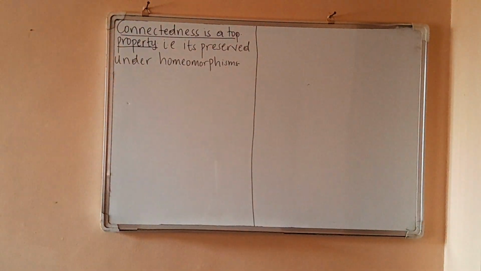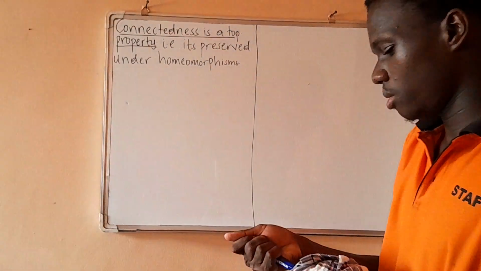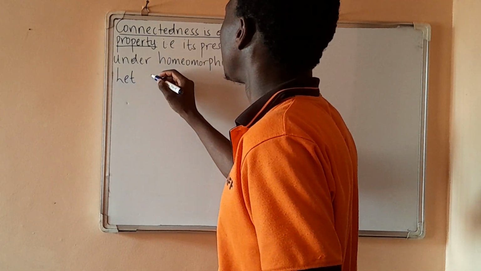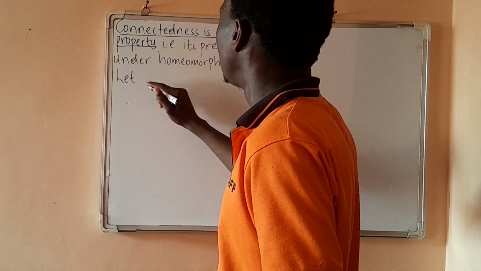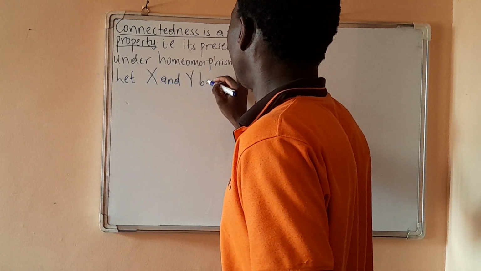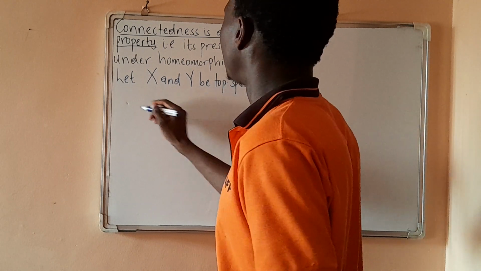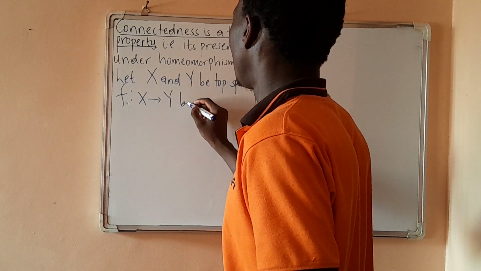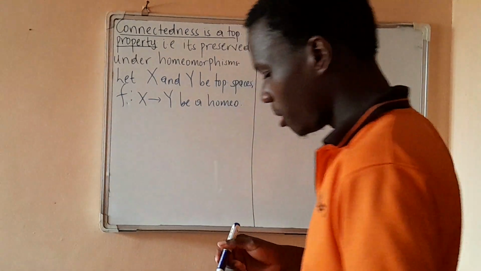So what are we going to do? We are going to show this this way. We are going to let X and Y be topological spaces, and f from X to Y be a homeomorphism.